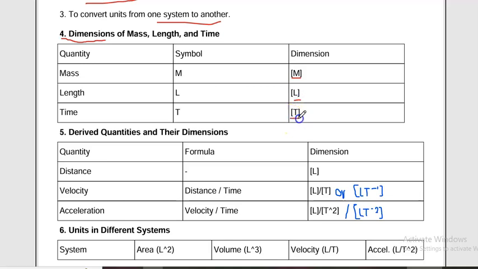Now, the dimensions of these three quantities can now be used to derive other quantities. These may be distance, velocity, and acceleration.